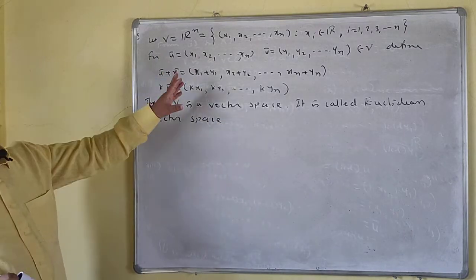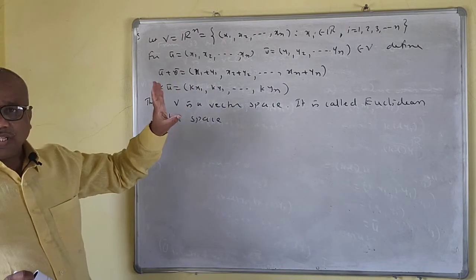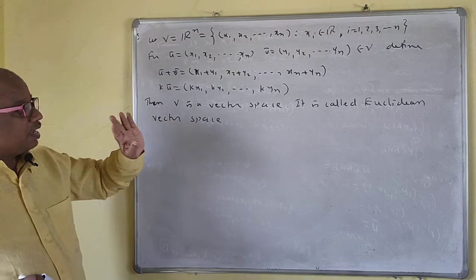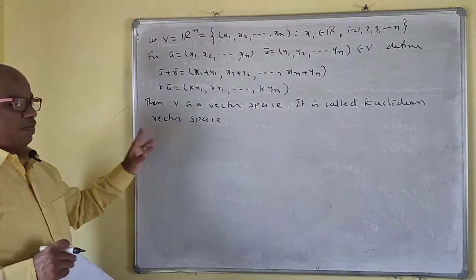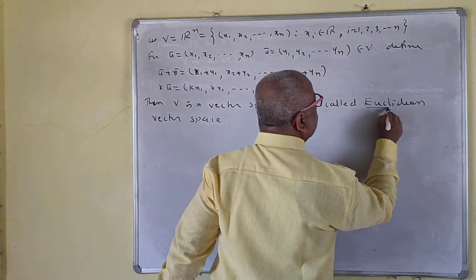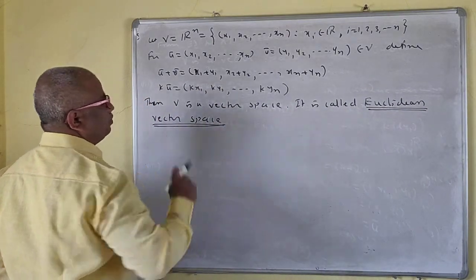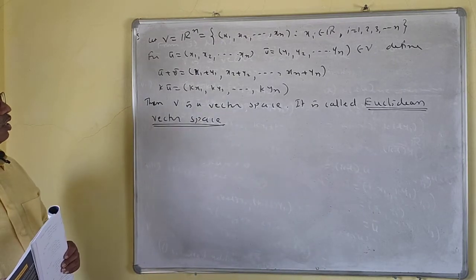If V is Rn, then with vector addition and scalar multiplication, usual addition, V is equal to Rn is a vector space that is called Euclidean vector space. This is very important. This word, Euclidean vector space, is very important. This is a very standard example of Euclidean space.